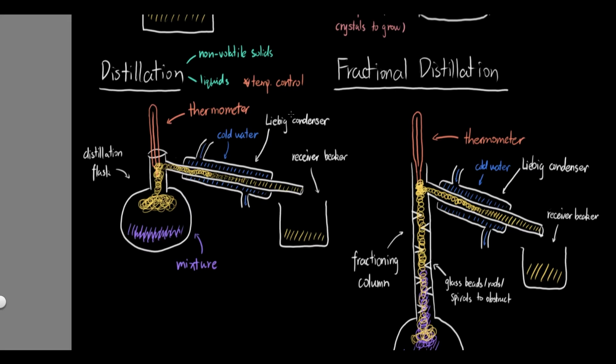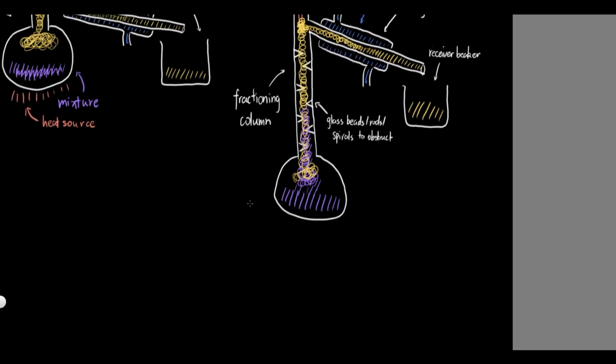This is for temperature control, very important. And you have a mixture of non-volatile solid and liquid. I have to emphasize non-volatile, and you have to heat it in some way, so I guess a heat source, maybe a Bunsen burner or something like that, and also for this one as well.